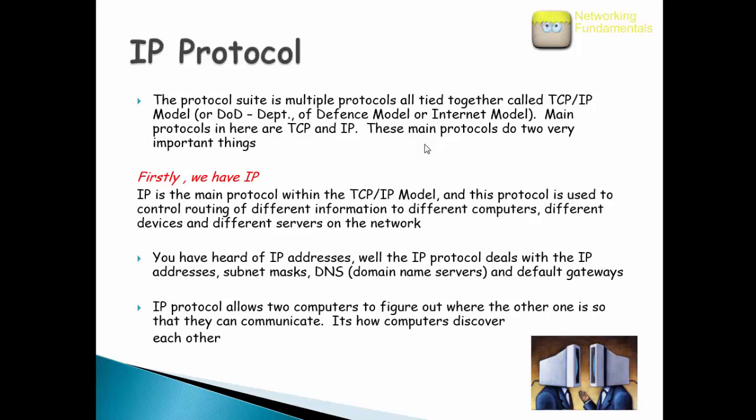The IP protocol allows two computers to figure out where the other one is so that they can communicate. So basically it's how computers and devices can discover each other in the network. They have IP addresses. Once you have an IP address on the network, you are basically discoverable.